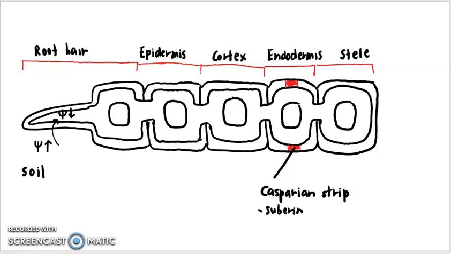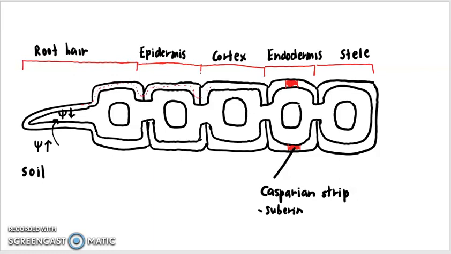So how will it be transported? There are 4 pathways. The first one is the apoplastic pathway. In this pathway, water moves along the cell wall and also the extracellular space.